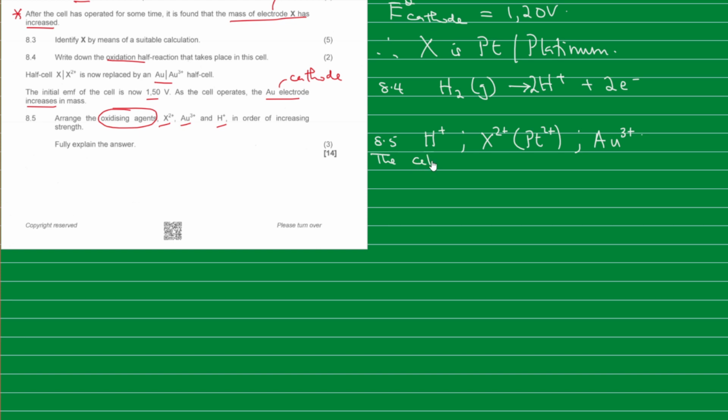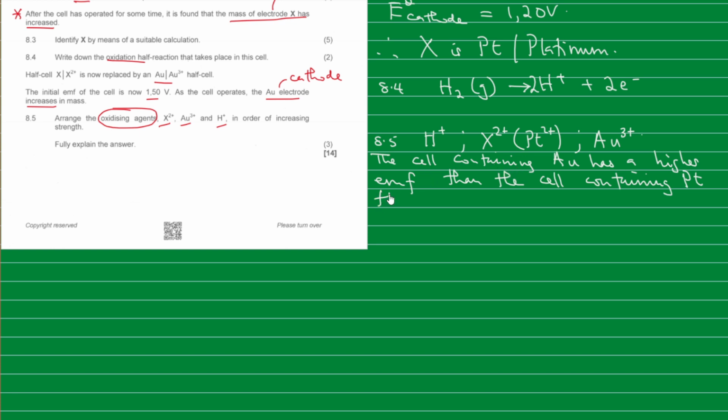So the cell containing Au has a higher EMF than the cell containing Pt or X plus.